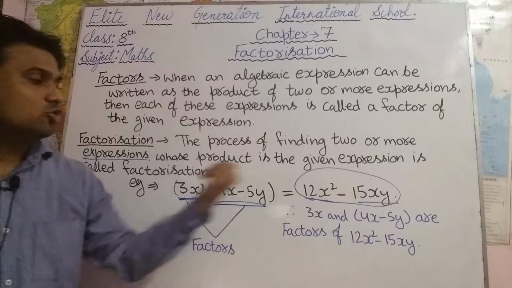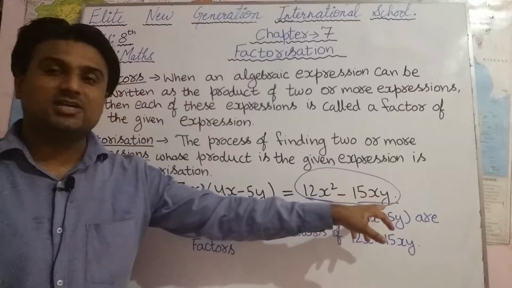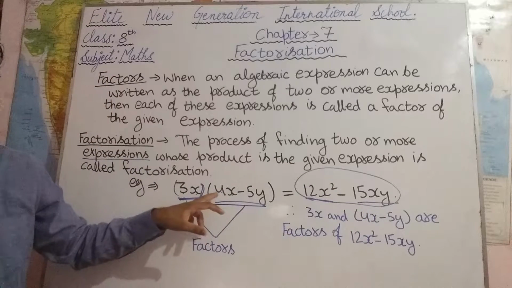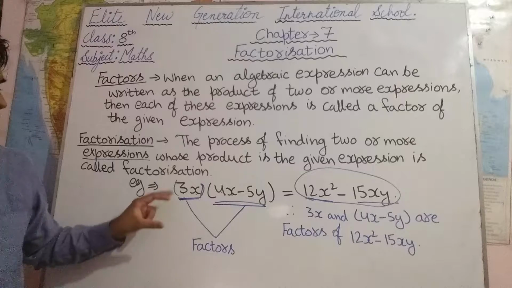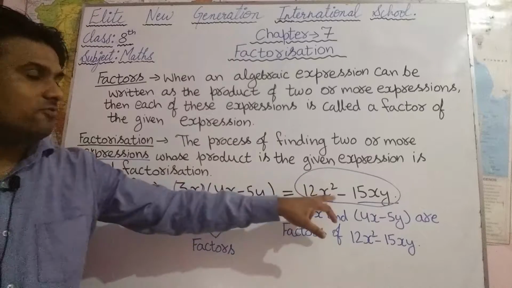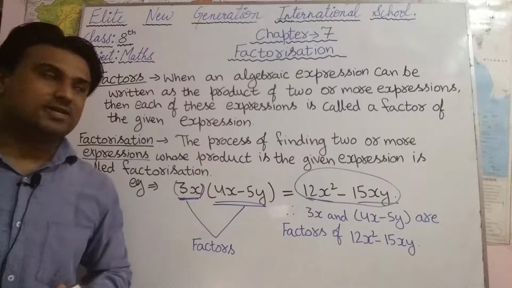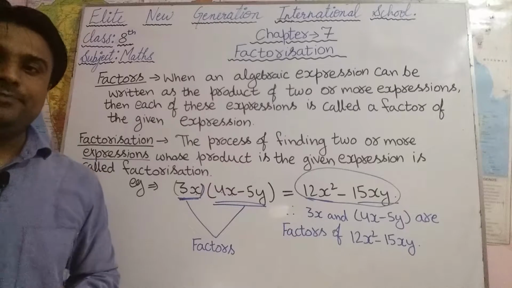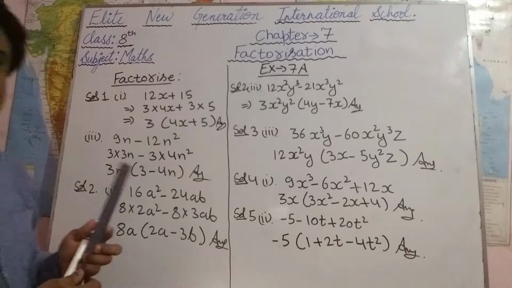When we take 3x common, or when we divide 12x square and minus 15xy by 3x, then it will be 4x minus 5y. That means these two are the factors of this. So on the basis of this we can start our first exercise, that is 7a.